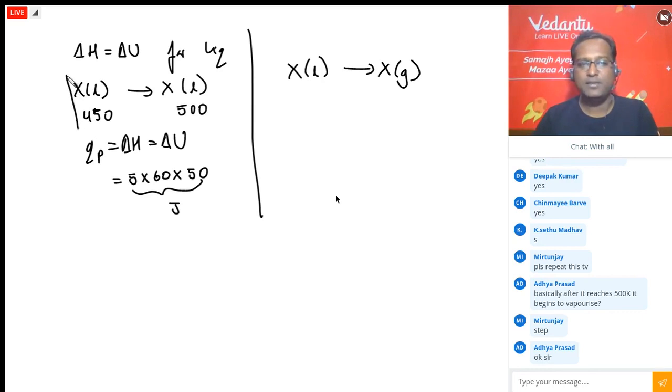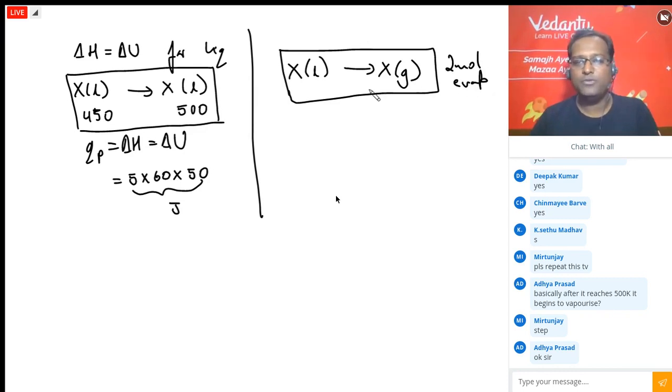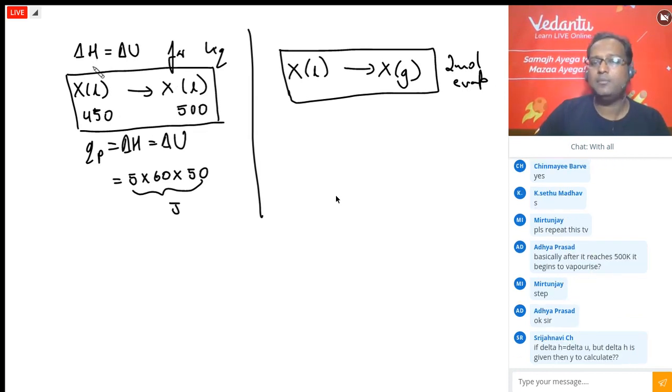One part is this, and the other part is this, where 40 gram, that is 2 moles, evaporate. So for the first part, because it is a liquid heating up, delta H is equal to delta U. Because we are heating a liquid, it is an incompressible liquid system.